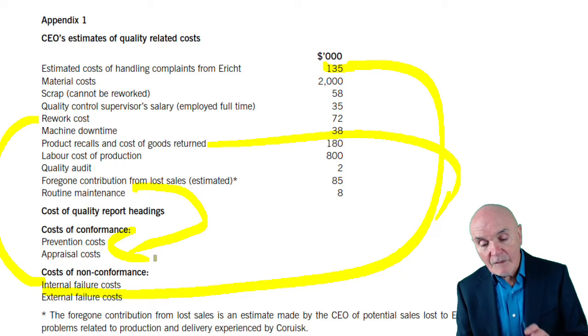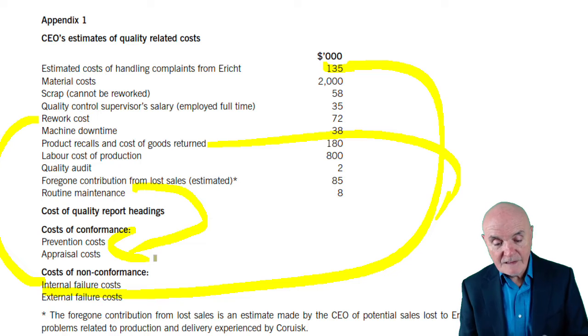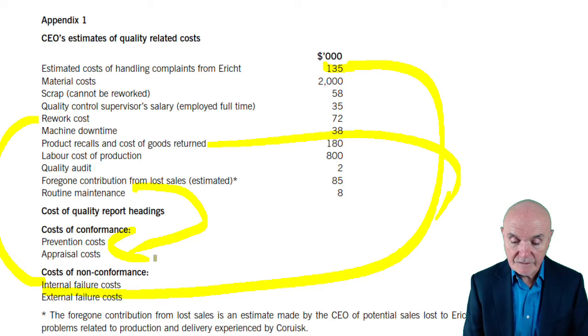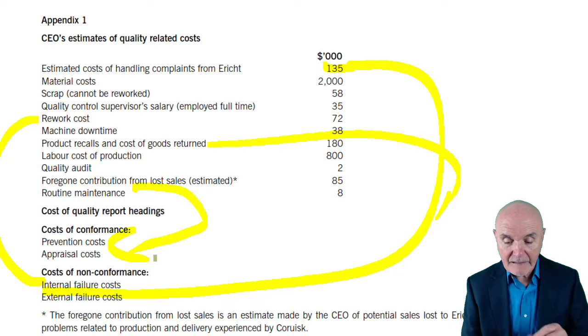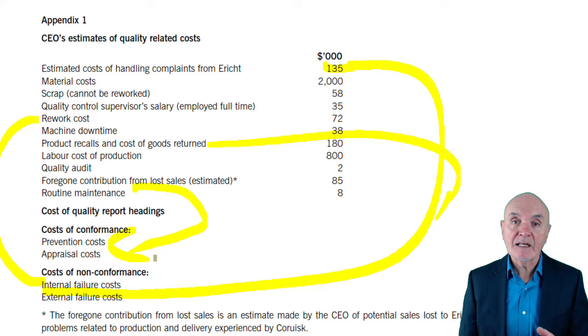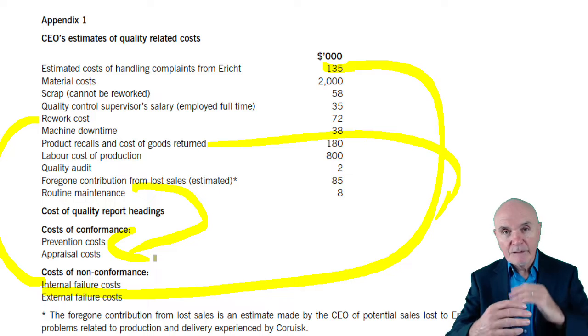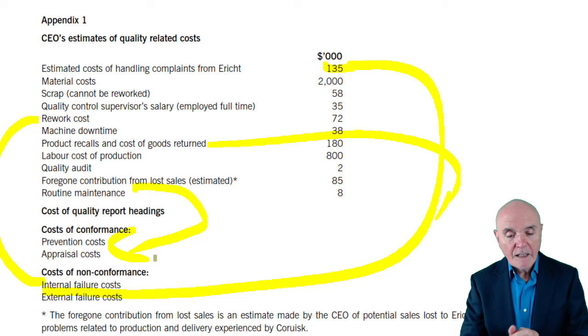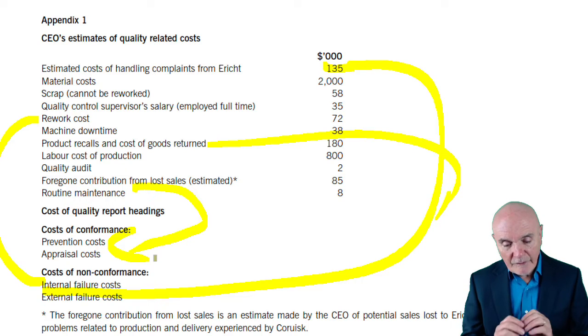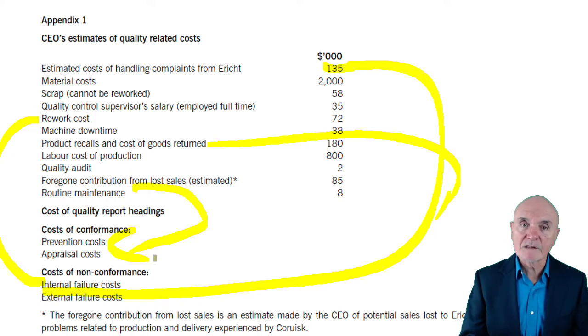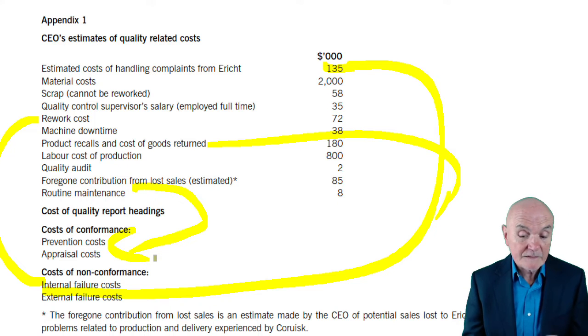The examiner wasn't maybe too concerned about how some of these costs were actually allocated. Some are absolutely obvious. Others you could have maybe put in one category or another here. The examiner wasn't too worried about where some of these smaller costs perhaps went.